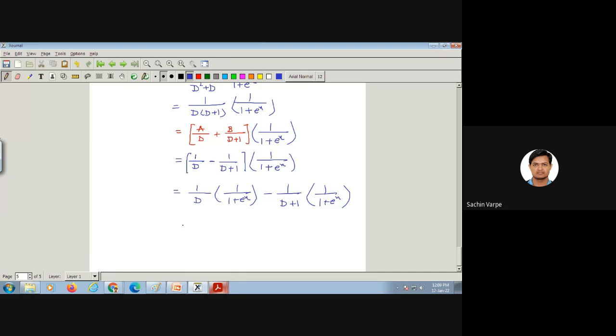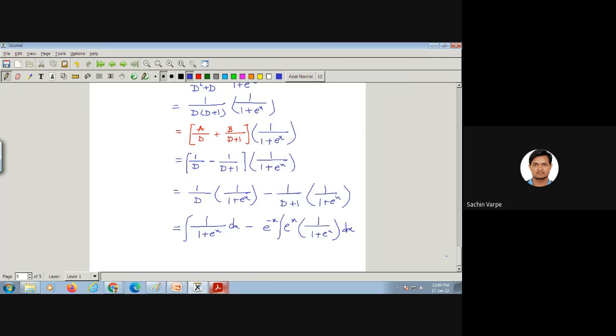D means derivative, so 1 upon D means integration. So integration of 1 upon 1 plus e raised to x dx, minus, here by using the general method, what is 1 upon D plus m? e raised to minus mx, integration of e raised to mx into f of x dx, isn't it? So how will we do this?